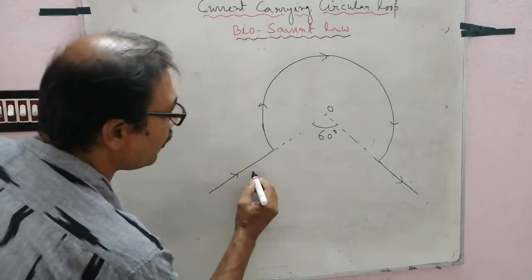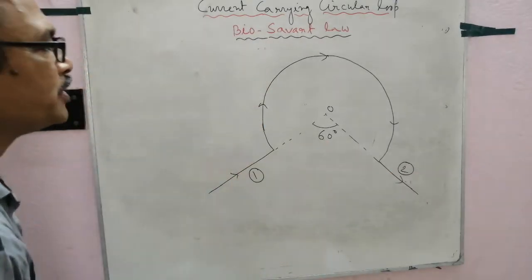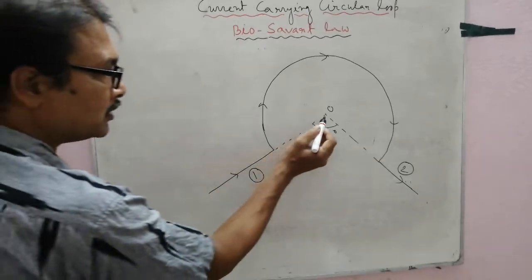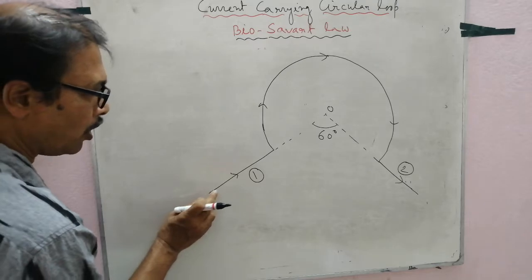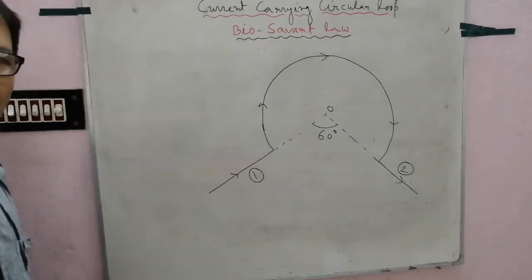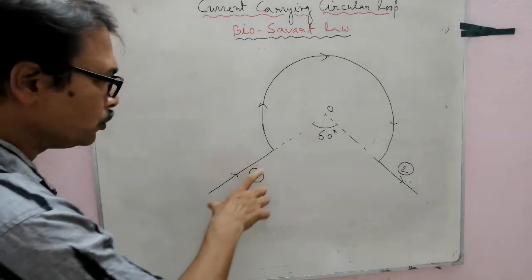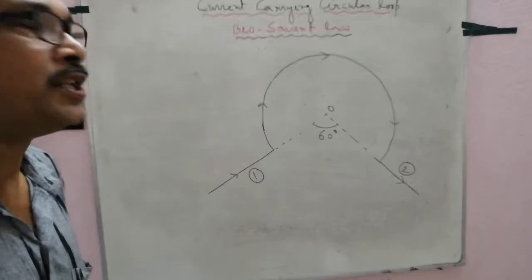So for this portion and this portion, the magnetic field will be 0. Clear? Because the point lies on the wire. If we draw a straight line, it intersects the center of the loop. So due to this portion and this portion, the magnetic field at the center will be 0.